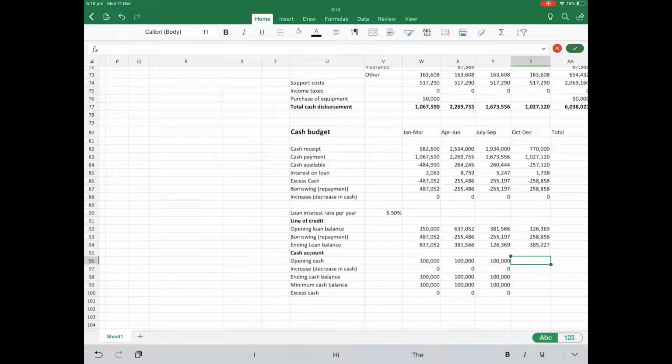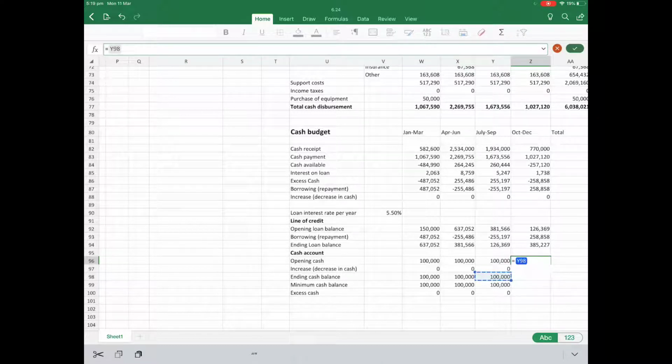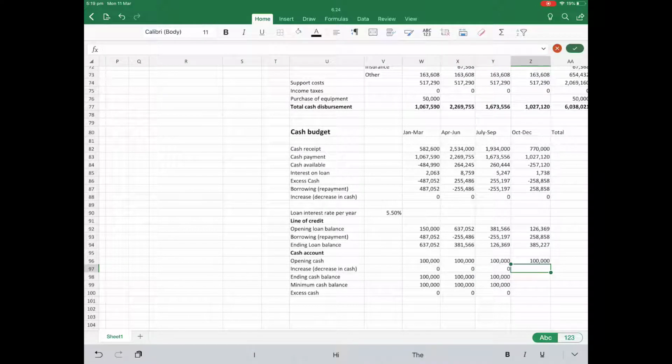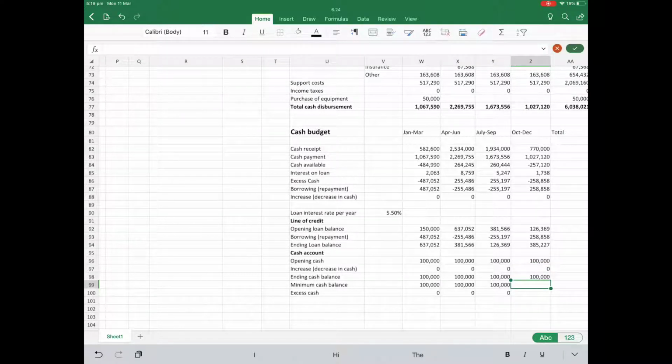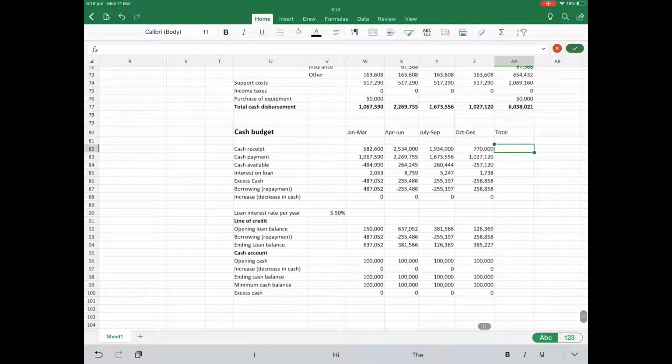Okay, now the opening cash balance is 100,000. The increase in cash is 0. So the ending cash balance is still 100,000, the minimum cash balance. So again, they have no excess cash.